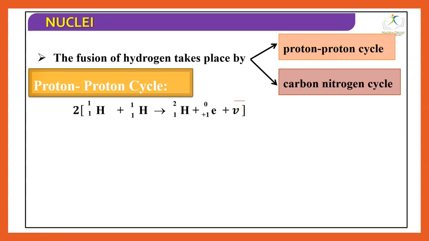When two 1H1 combine with 1H1, 1H2 deuterium is created with some energy, and because of the balancing of charges, 1E0 is created with some energy, which is called a neutrino.